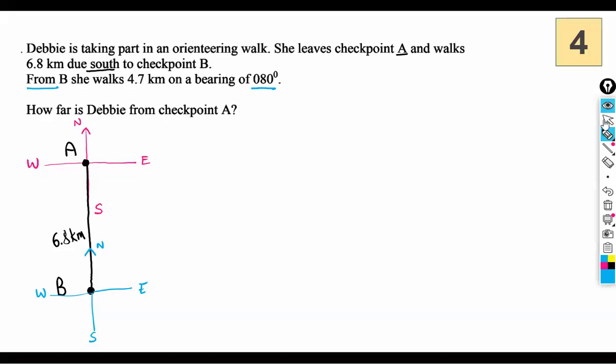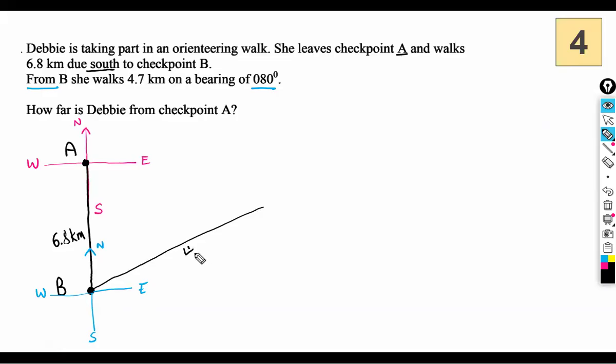But quick question, would it be closer to the north or would it be closer to the east? Right, it has to be closer to the east because 80 is real close to 90, and we know 90 is exactly east. So that means we're going to end up walking this way.